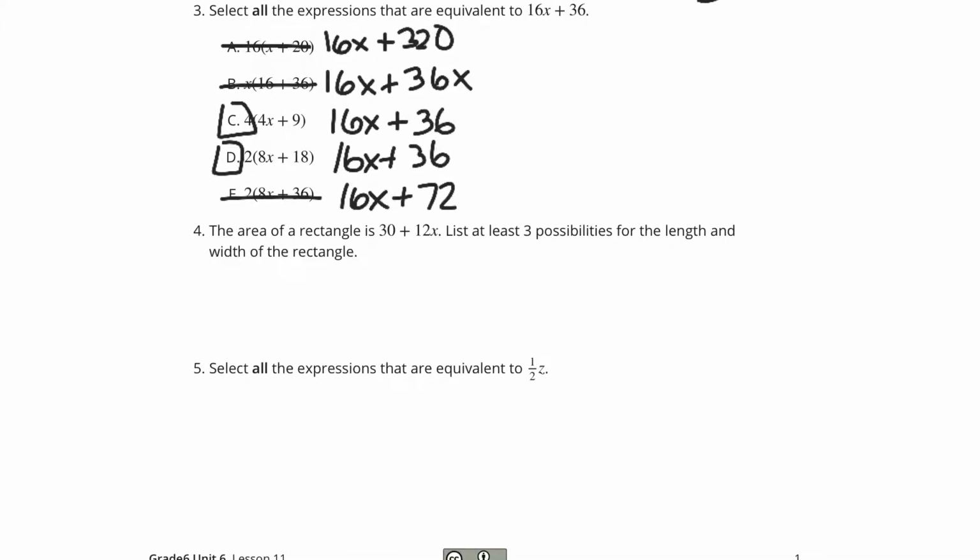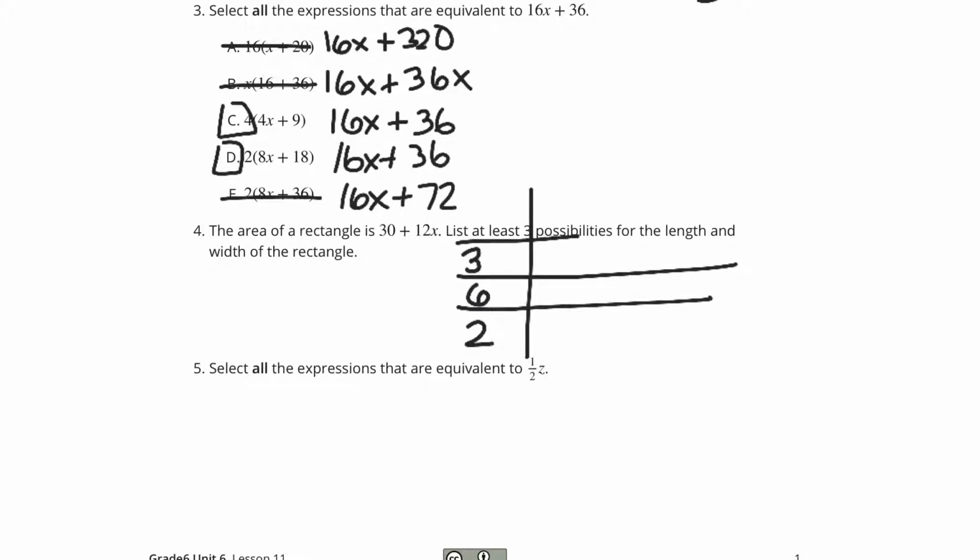The area of a rectangle is 30 plus 12x. List at least 3 possibilities for the length and width of this rectangle. Well, if we make our table here to help organize our thoughts, we have 3, 6, and 2, let's say. Our length versus our width.